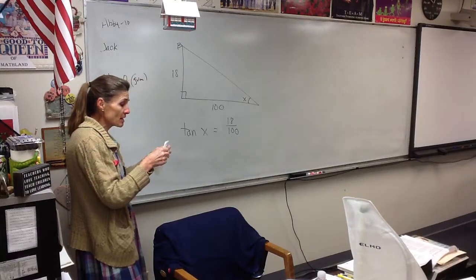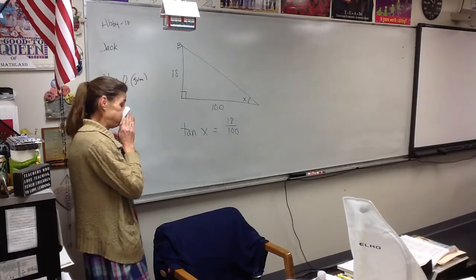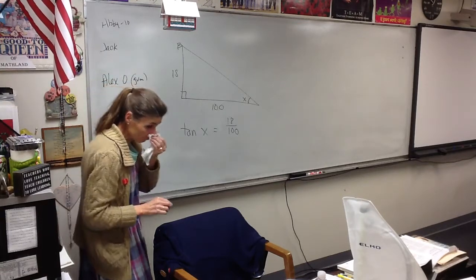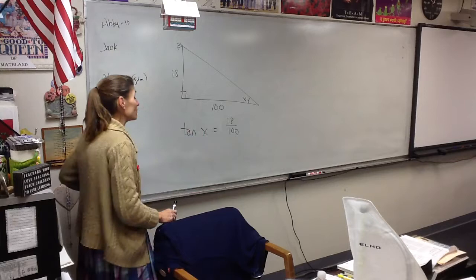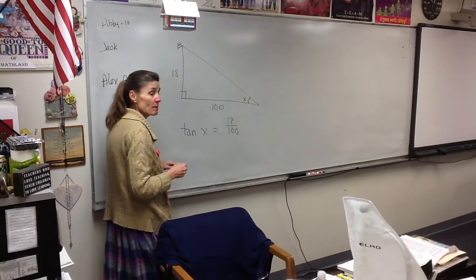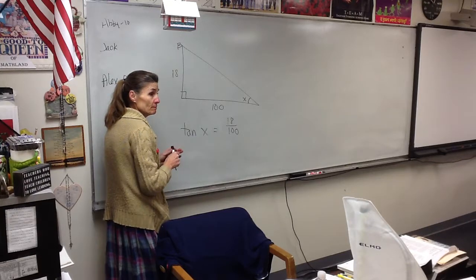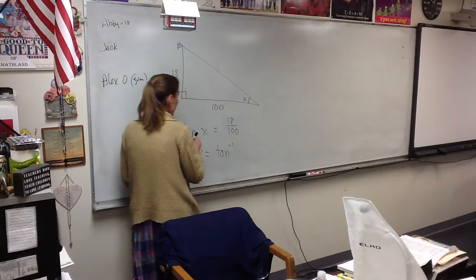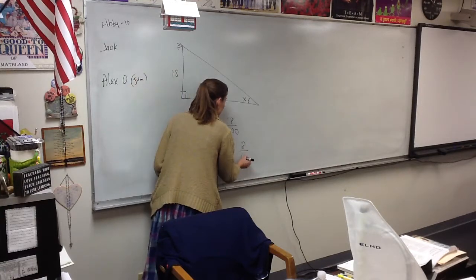Okay, does everybody understand why I use tangent? Now, we talked about this yesterday. What am I looking for? The angle. And whenever I'm doing that, I have a special button I press on my calculator. Second tangent.